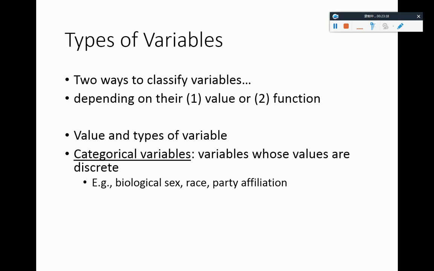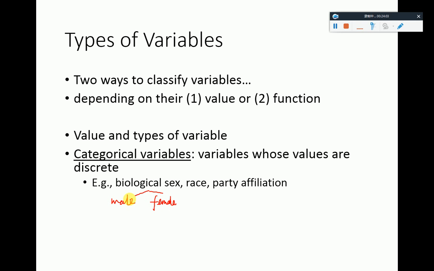Examples include our biological sex, our race, our ethnicity, and in many cases, our party affiliation. So, let's say we use this variable as an example. Well, first of all, this is a variable because it can take two values, at least among humans. Among non-human animals, it's possible that they have a third sex. But anyway, we're focusing on humans here.